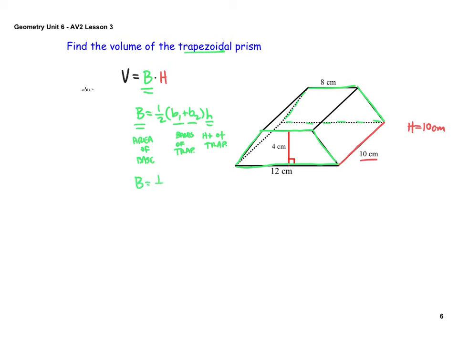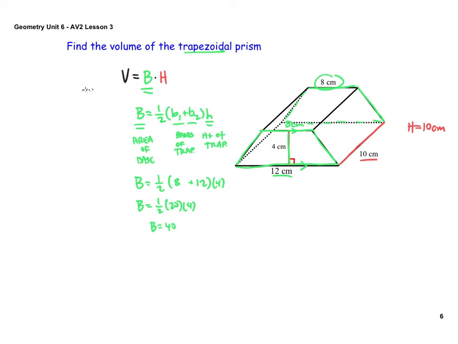Capital B will be 1/2. My two bases are the lengths of the sides that are parallel to each other. So I see an 8 on the upper length, and I see a 12 on the lower length. The height is the distance between those two parallel sides, which will be 4. So the area of the base will be 1/2 of 20 times 4, which comes out to be 40.